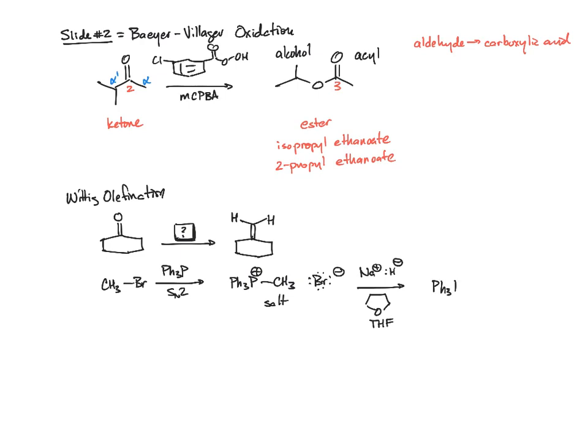So this is making the ylide. Sodium bromide is the byproduct, and then hydrogen gas is the conjugate acid that's formed. So there's your one carbon unit.